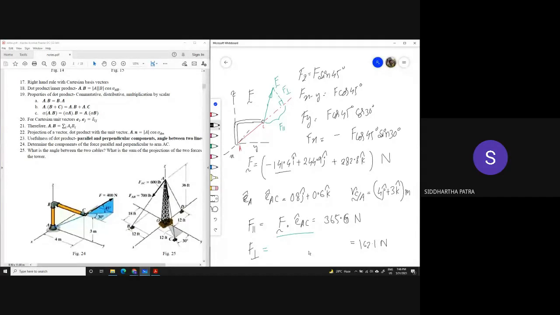Okay, that is another property of the dot product that we didn't discuss: if you take the dot product of a vector with itself, that gives you the magnitude squared. So F perpendicular is the square root of F dot F minus F parallel squared, right?